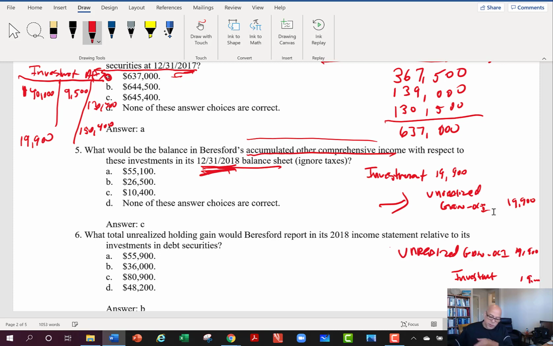The bane of my existence is trying to squeeze everything on these files. Okay, so that's a credit, 19,900, right? Debit credit. Yeah, that's easier. Okay, and so that's that debit right there.